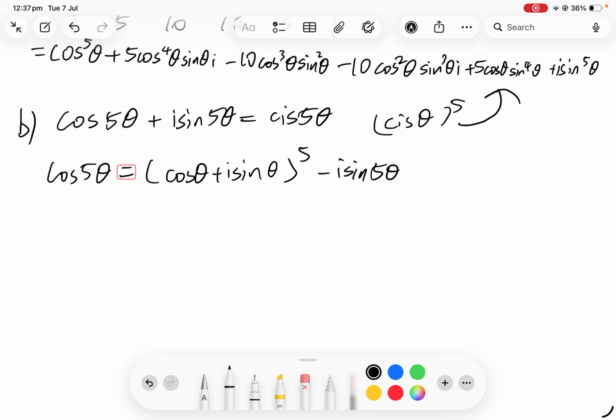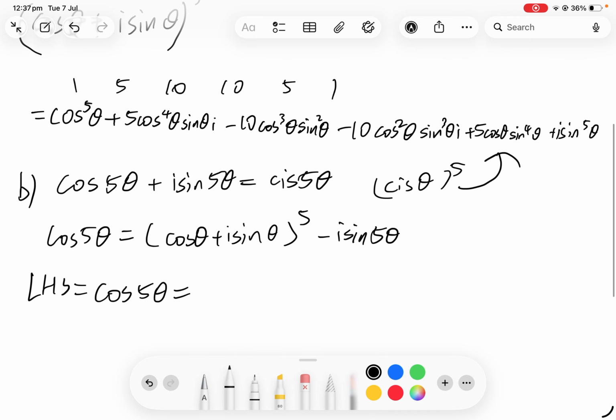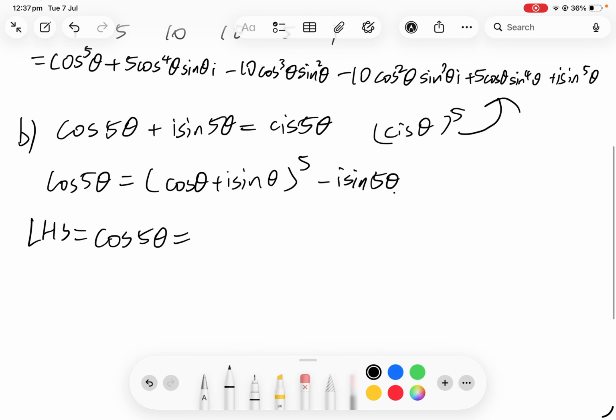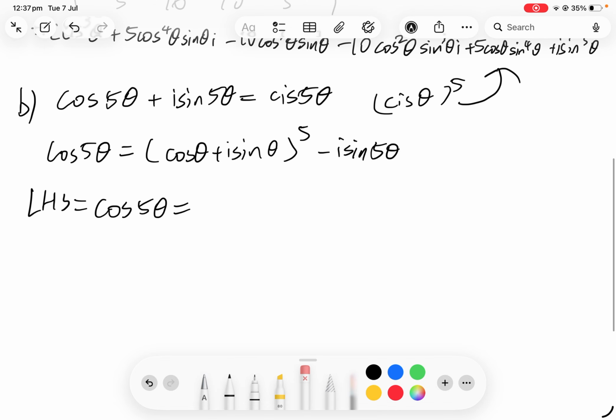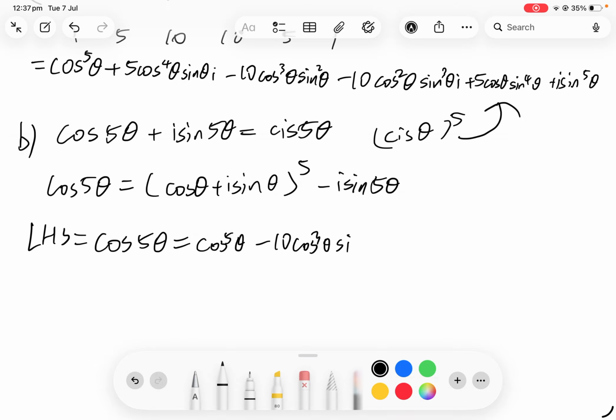So what we can do is, the left hand side equals cos 5 theta, and we can just say that equals, because this part will not be there anymore because it's i, we're left with this part with all the components inside that don't have an i inside, so that just becomes cos 5 theta, take 10 cos 3 theta sine squared theta plus 5 cos theta sine 4 theta.